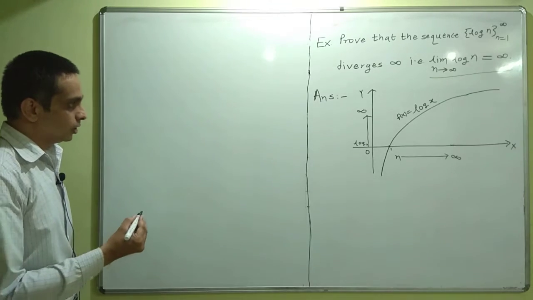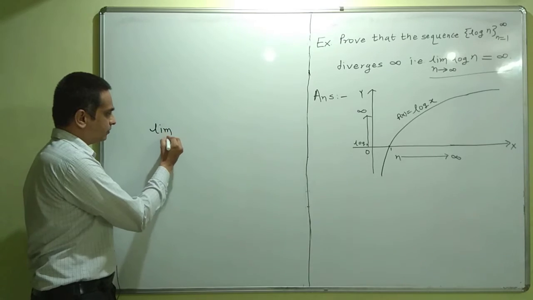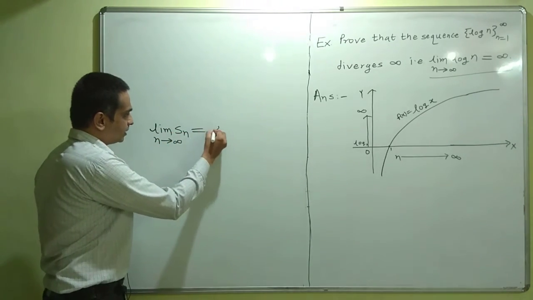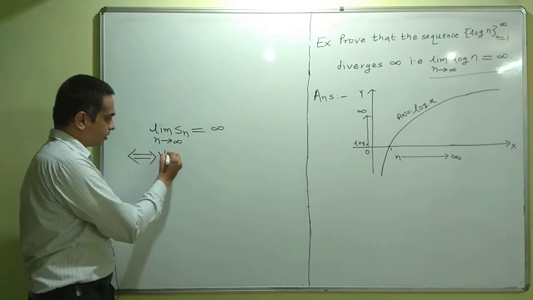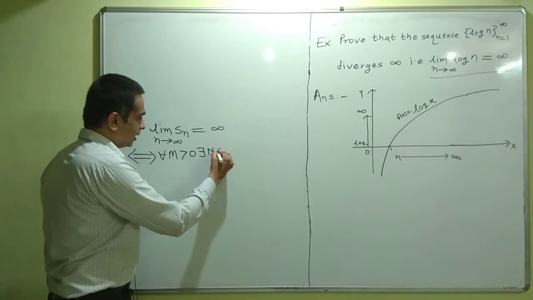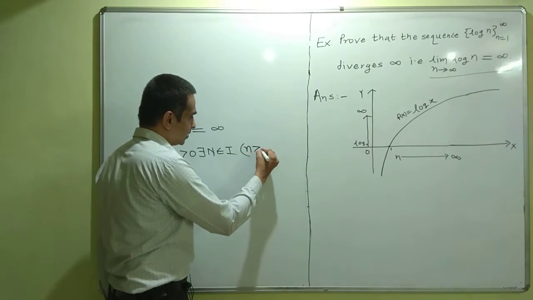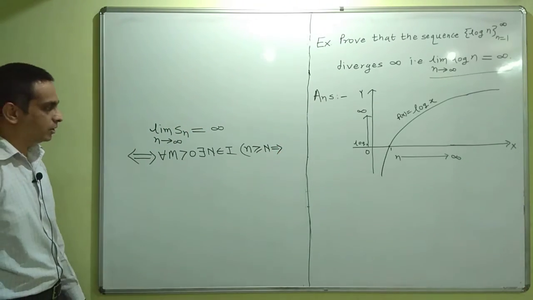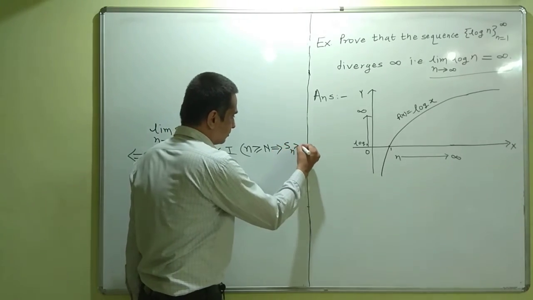Before we prove, recall what is definition of sequence diverging to infinity. A sequence Sn is divergent to infinity if and only if for every positive real number m there is N belongs to I such that whenever n is greater or equal to N, Sn is greater than m.